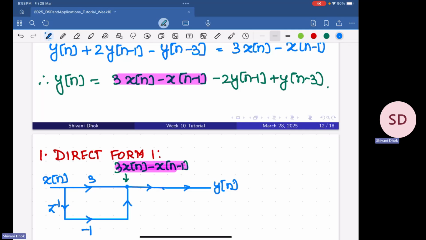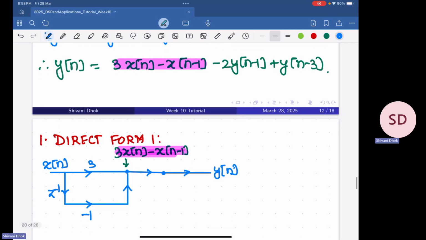At this point we have this term coming, and these terms need to get added at this point. So we have this y of n, and this y of n first gets delayed by 1 unit, that is z inverse. So here we'll get y of n minus 1, and that gets scaled by -2, and this will get added to this one.